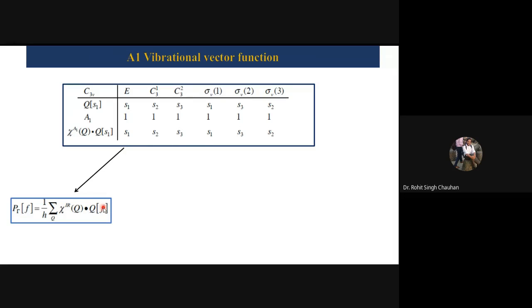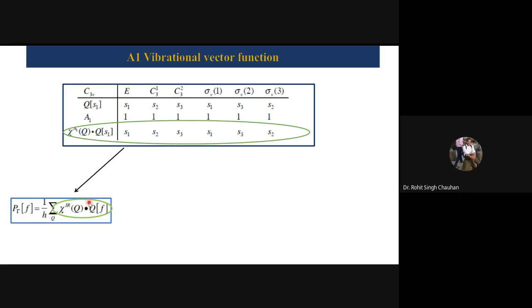Here the bond vector is S1, Q is the operation and chi R you have operated. So this multiplication gives you this much. The summation of all this will give you this particular information.